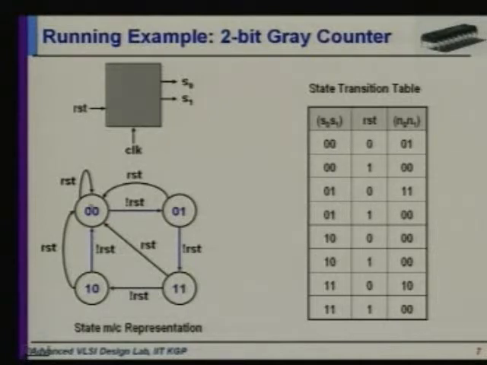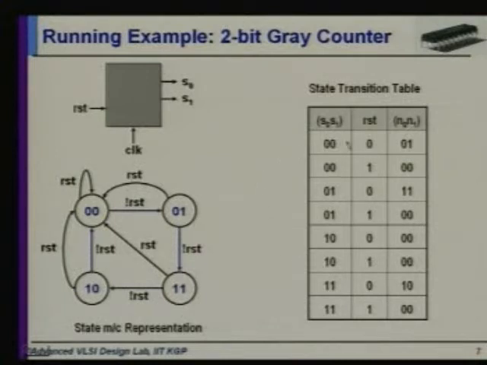If I am in state 0 0 and if reset is 0, then I go to 0 1. If I am in state 0 0 and reset is 1, then I stay in 0 0. If I am in 0 1 and reset is 0, then I am going to 1 1. So I have the present state, the reset, and the next state. This is the state transition table.